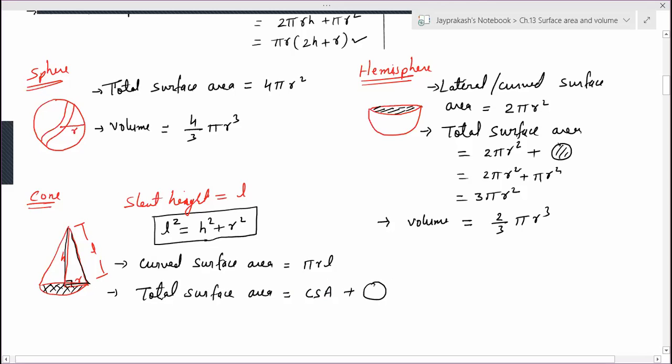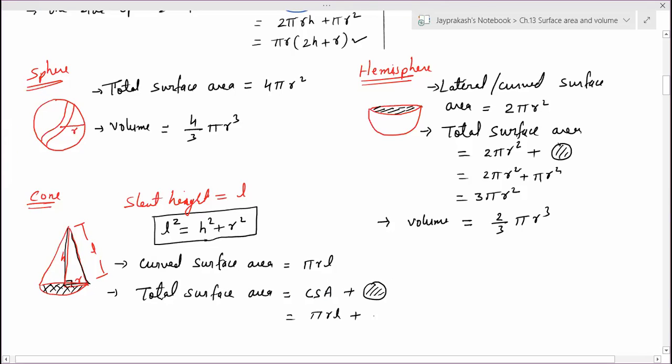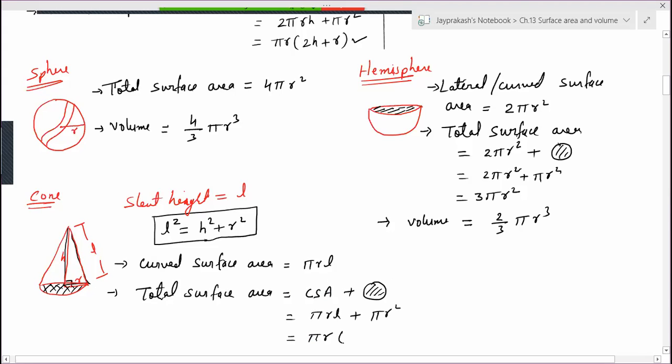When we close it, again we need a circular paper. So that is pi R L plus pi R square. So it's pi R common, L plus R.